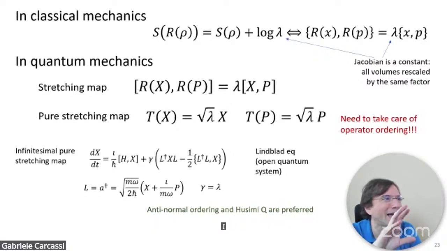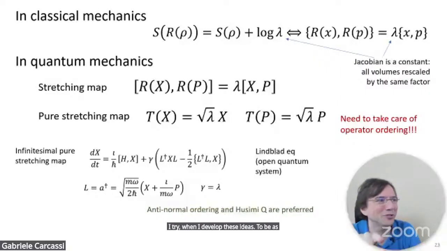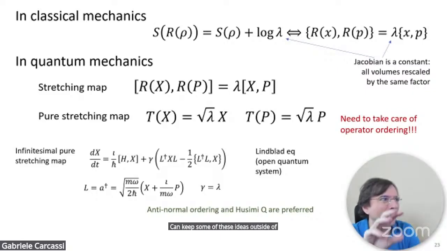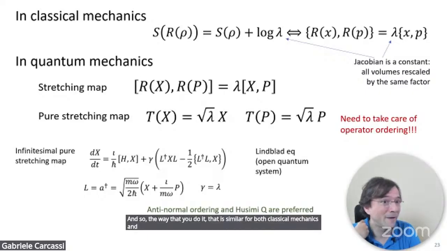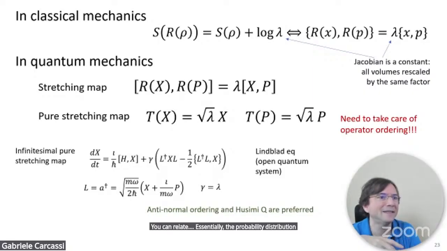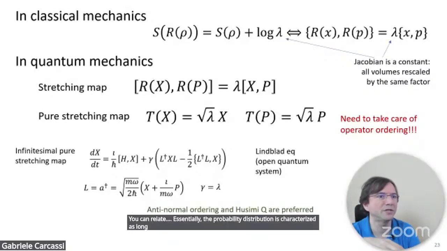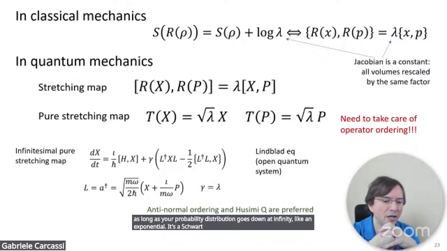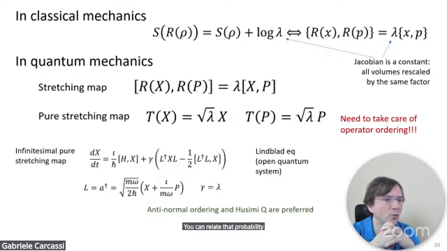When I develop these ideas I try to be as general as possible, so that I can keep some of these ideas outside of this kind of world. And the way that you do it is similar for both classical mechanics and quantum mechanics. Essentially, as long as your probability distribution goes down at infinity like an exponential, it's a Schwartz function, you can relate that probability distribution with the expectation of all polynomials of position and momentum.